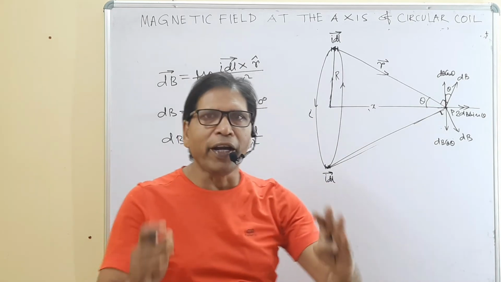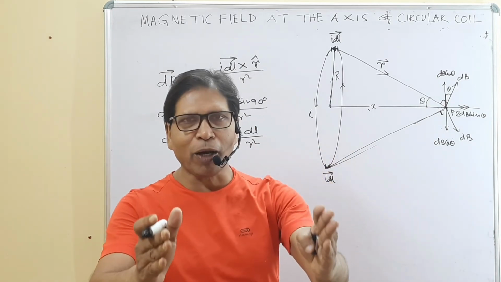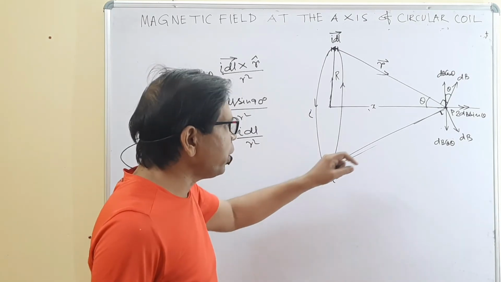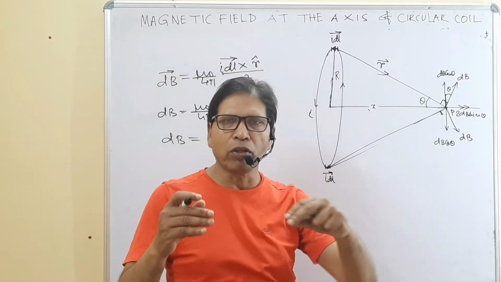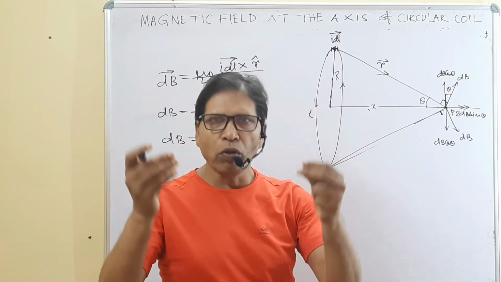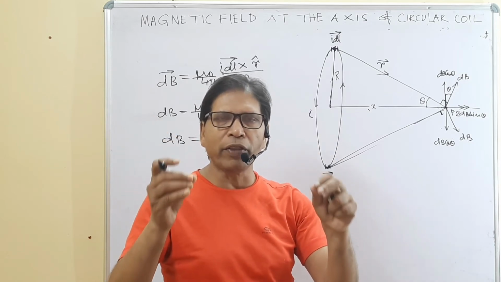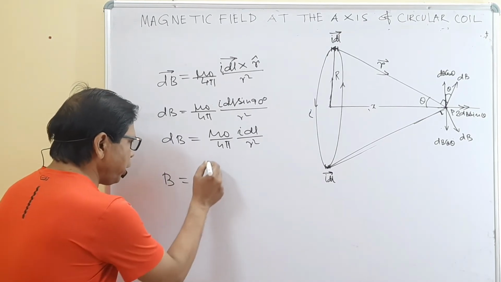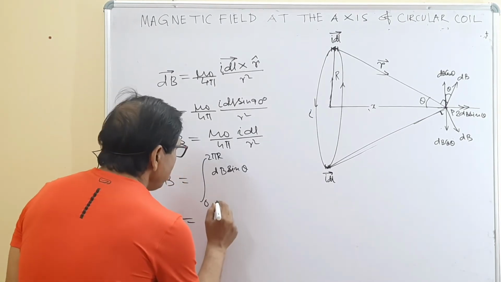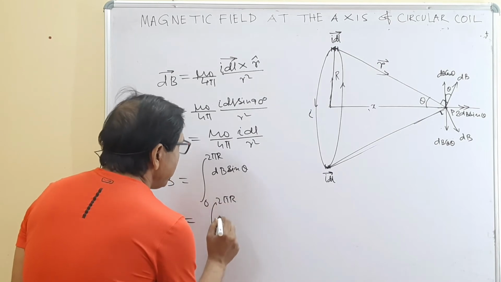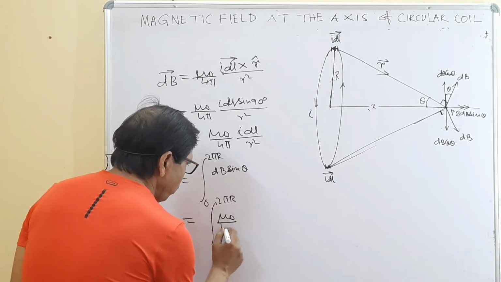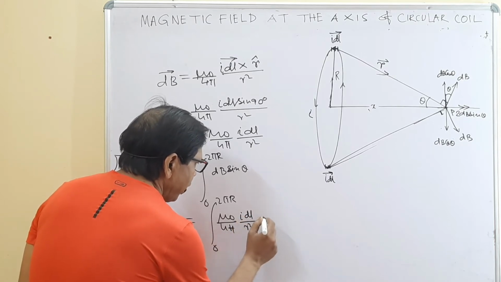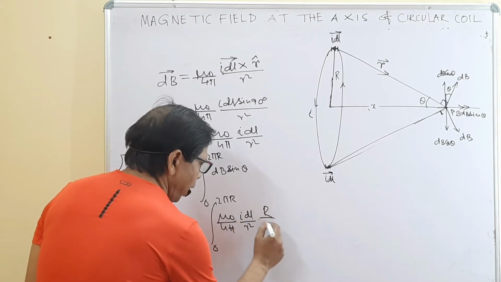Now the components normal to the axis of the circular coil become 0 and the components along the axis of the coil will be added. So the total magnetic field on the axis, B, becomes, look at this, the integration from 0 to 2 pi r of dB, that is mu naught by 4 pi I dl by r square, and sin theta equals capital R by r.